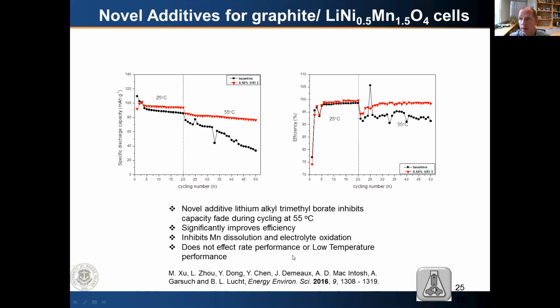Frequently, when you develop novel electrolyte formulations, while it may improve capacity retention and thermal stability, or it may improve the efficiency, at times these additives can generate relatively thick surface films, which then adversely affect the low temperature performance or the rate performance, so trying to charge and discharge at high rates becomes significantly problematic.